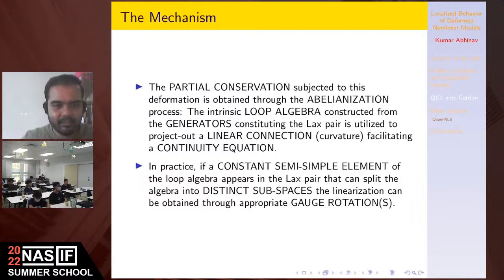So for that, can you do it always? No, you cannot do it always. But if a certain condition is met, that there is a constant semi-simple element of the so-called loop algebra constructed by the generators present in the Lax pair, that can separate the group space in distinct subspaces, mainly kernel and image subspaces.